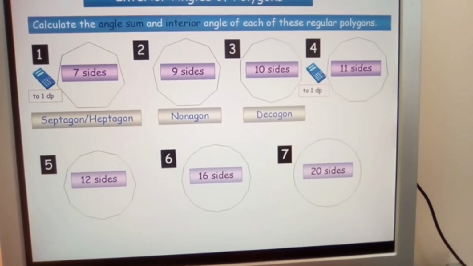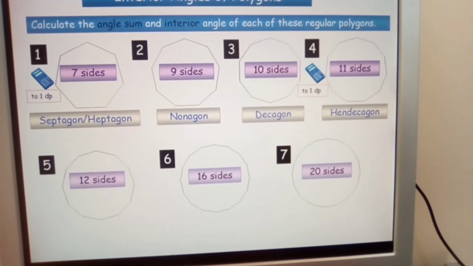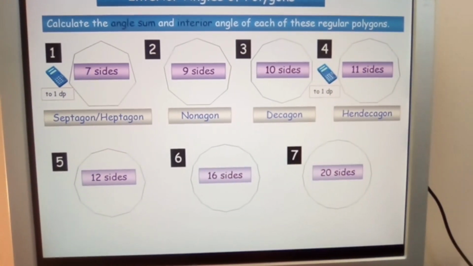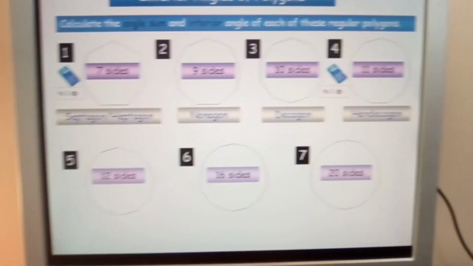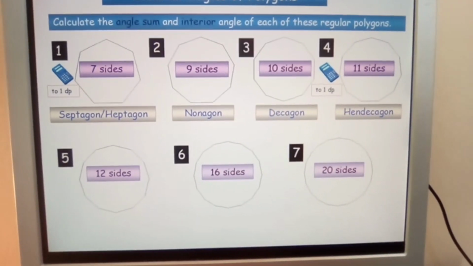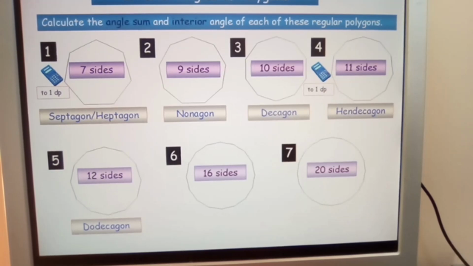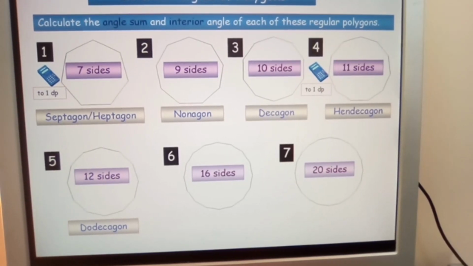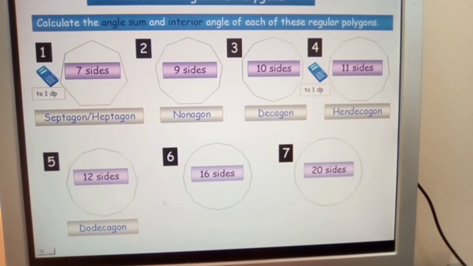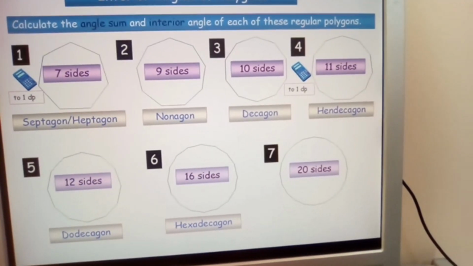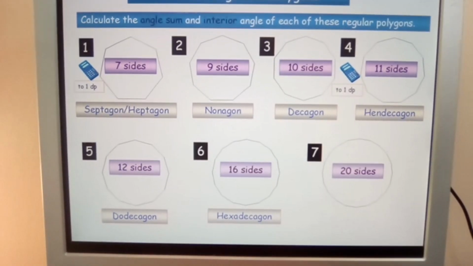Decagon, hendecagon. You might be able to pronounce these better than me. Dodecagon, hexadecagon.